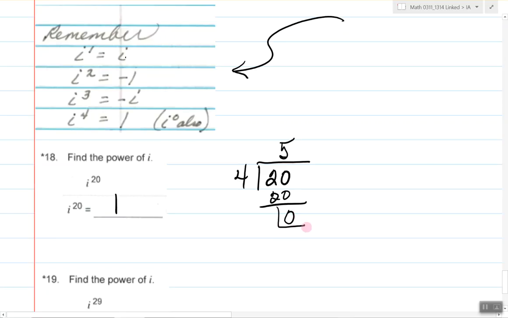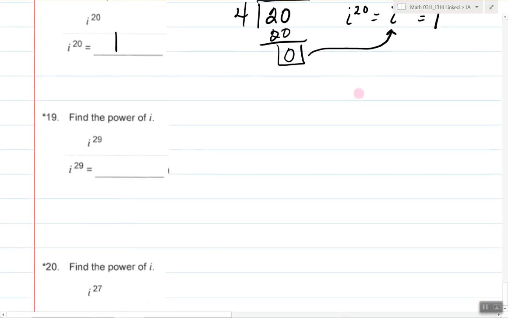It is the remainder that's important. I to the 20th is the same as i to the 0, which is 1. This is something you may have never experienced before, where the quotient is not what you're worried about. It is the remainder.